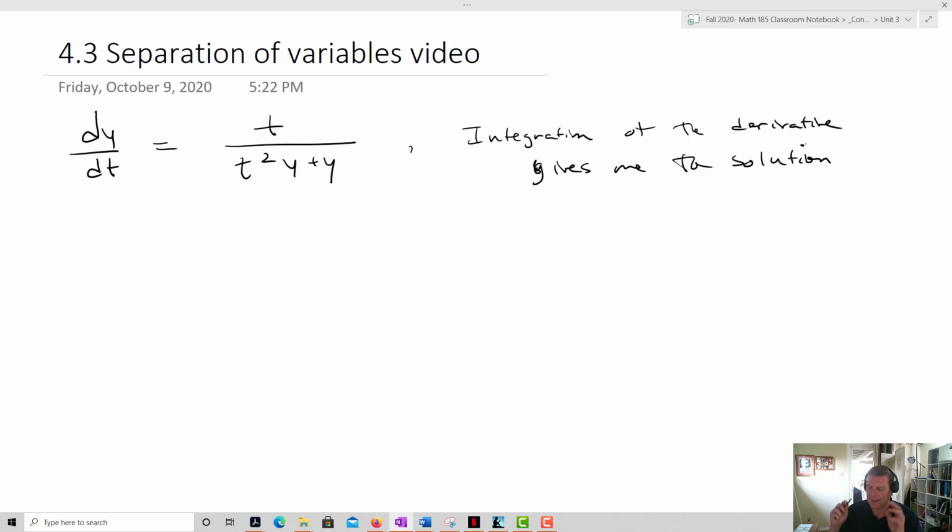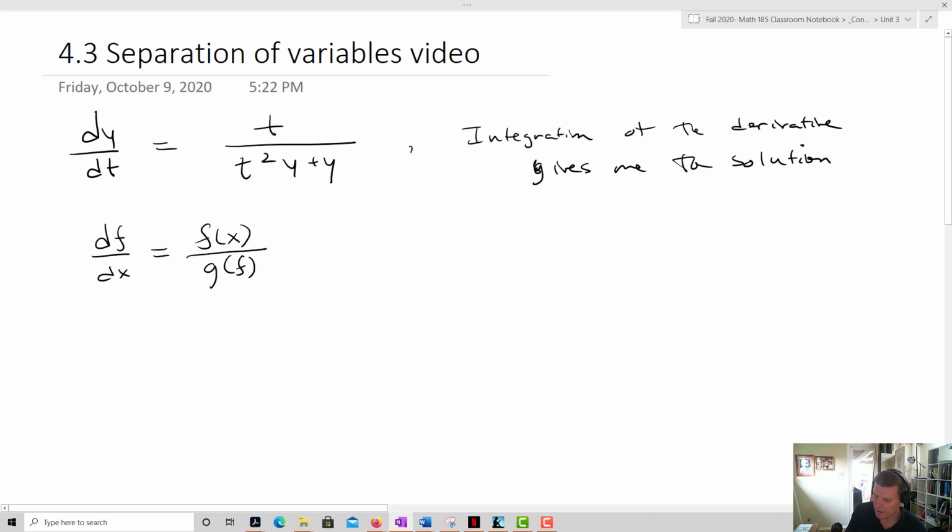We're going to think about this from this perspective. Imagine that I have df/dx, and it ends up equaling some function of x over another function of f. Or maybe if it's easier to think about, we have dy/dx equaling some function of x divided by some function of y.